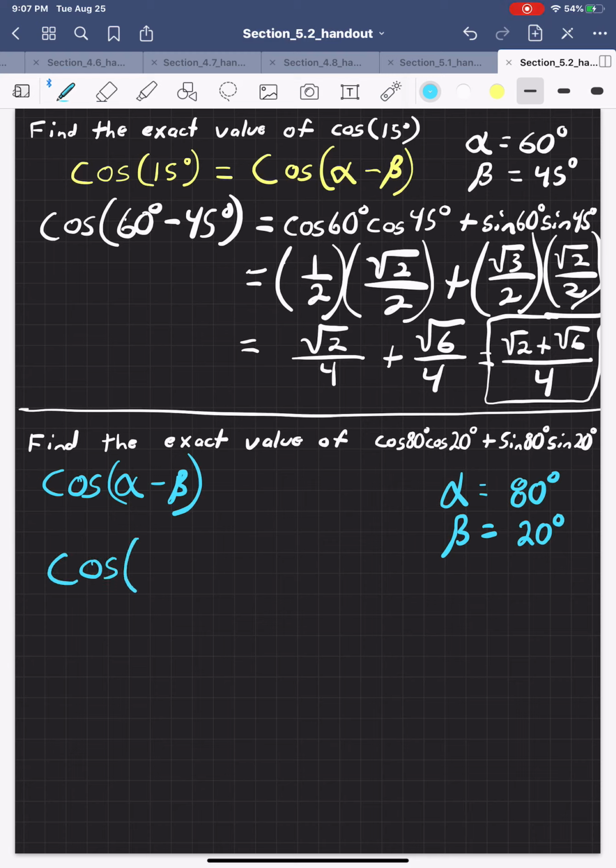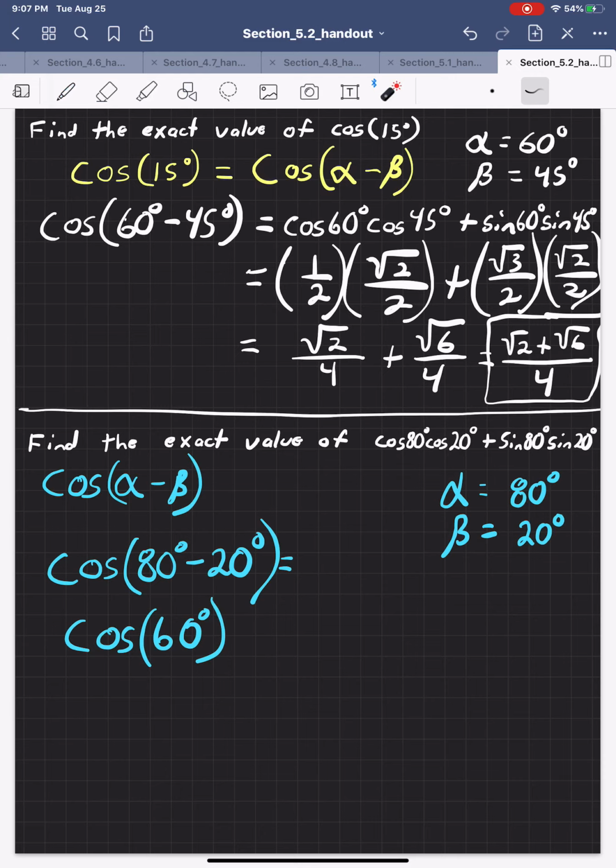We have cosine of 80 degrees minus 20 degrees, or in other words, cosine of what? 60 degrees. Now, is 60 degrees on your unit circle? It is. So cosine of 60 degrees, we can look that up. That is equal to 1/2. And we're done.